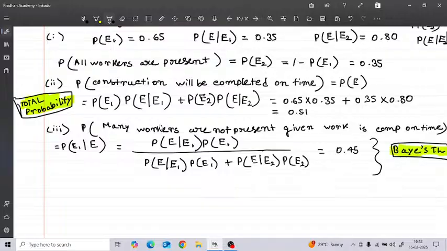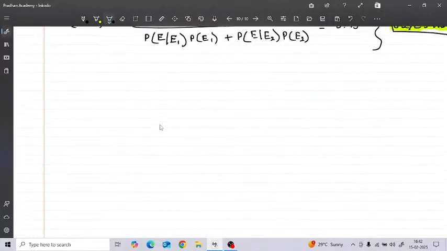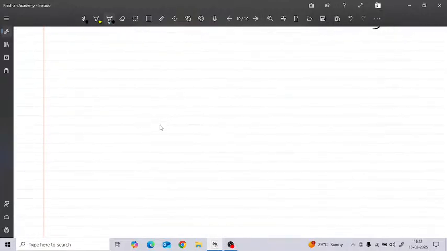So moving on to the next question. Question number 4. Here question number 4 is for any two events A and B. So here it is not mentioned that they are independent or not.